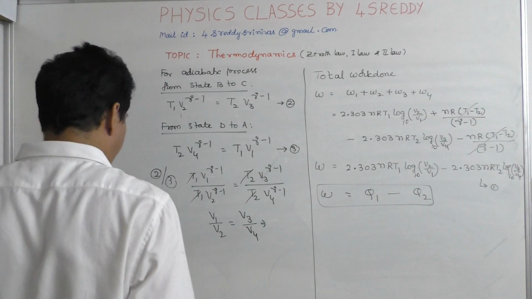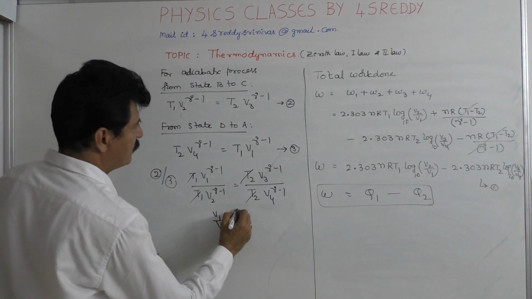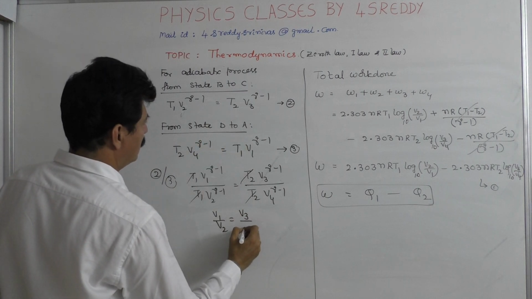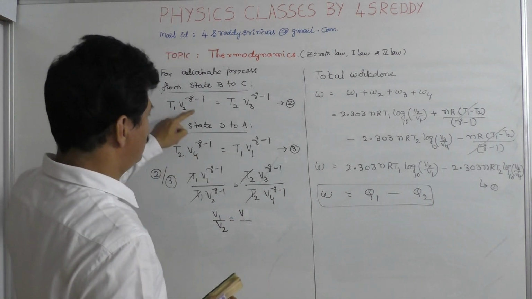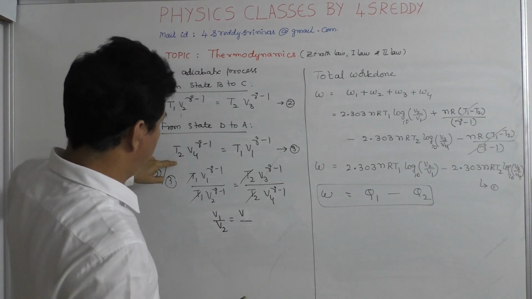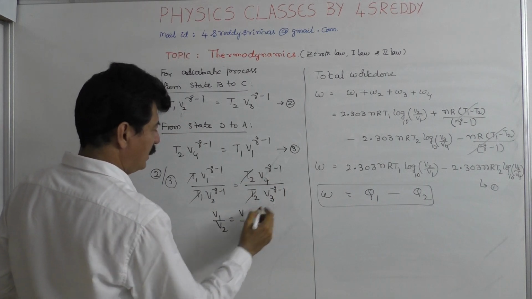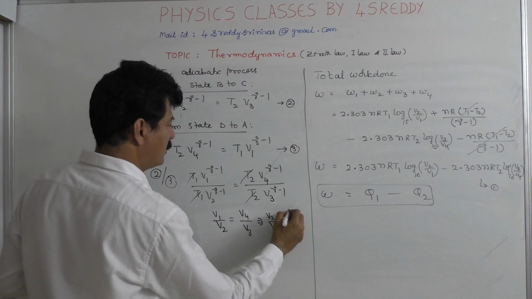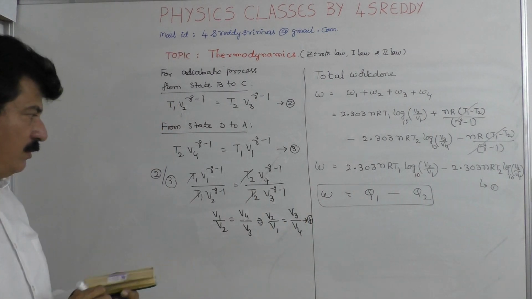Otherwise you can write V1 by V2 is equal to V3 by V4, so this by this. So this is V4 by V3. Therefore, V2 by V1 is equal to V3 by V4. That is equation number 4.